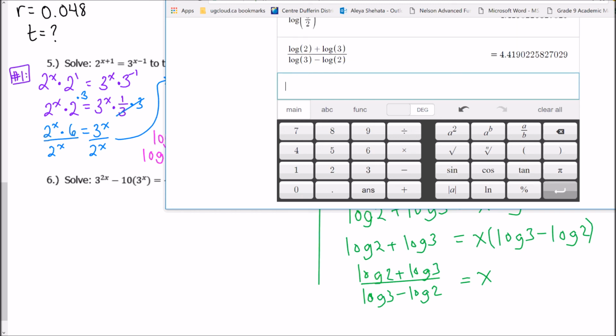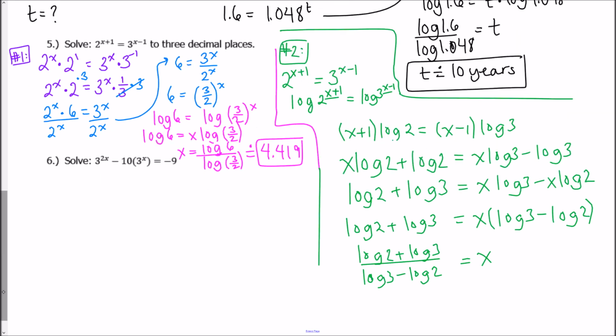So it doesn't matter either way you do it, you should end up getting the same exact answer. But I want to show you why these two answers are exactly the same thing. Remember, if you have log of a number plus log of another number, it's just essentially log of the product of those two numbers. So this is log of 2 times 3 on top. And then in my denominator, if I have log of 3 minus log of 2, this is just essentially log of 3 divided by 2.